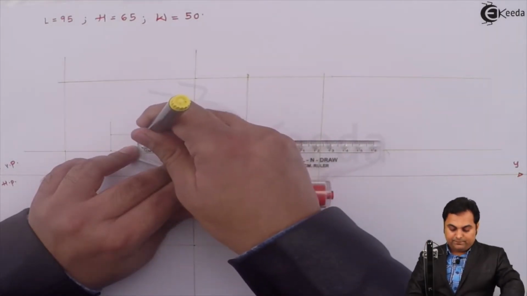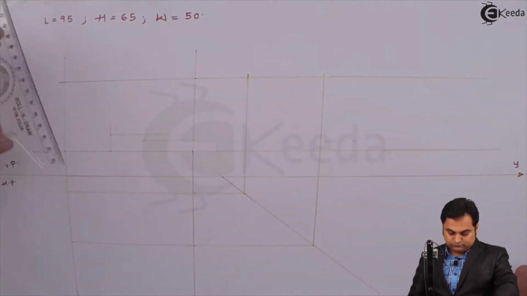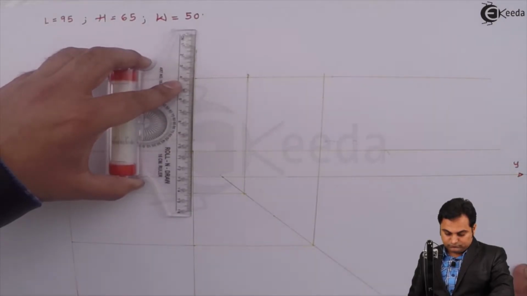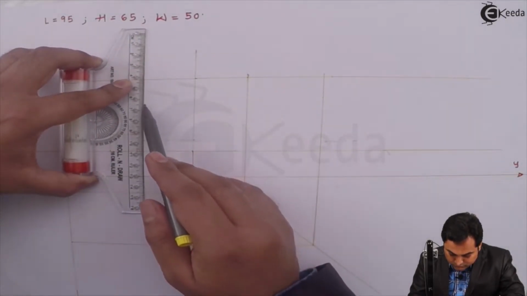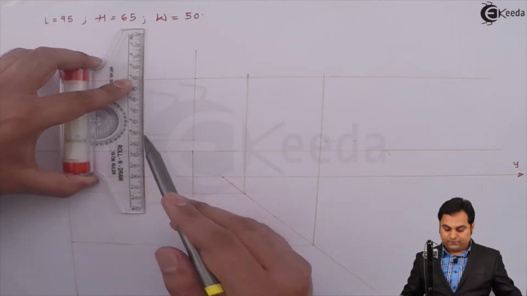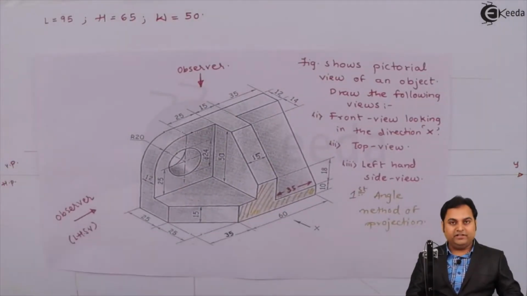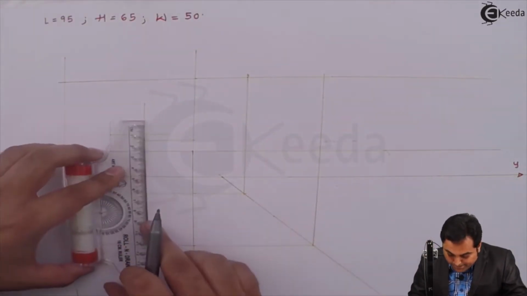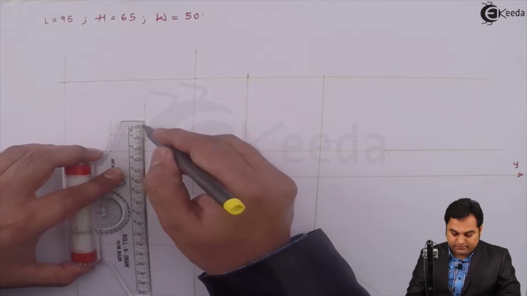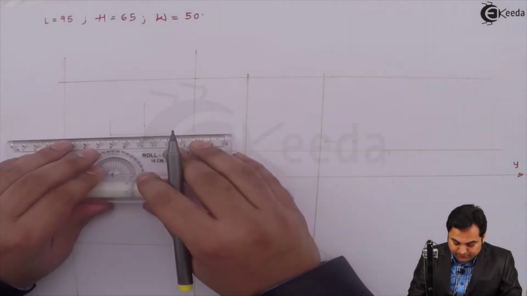Measuring 35 mm. Then here it is having a height of 18 mm. So I'll measure 18 mm over it and getting a light horizontal line through it.